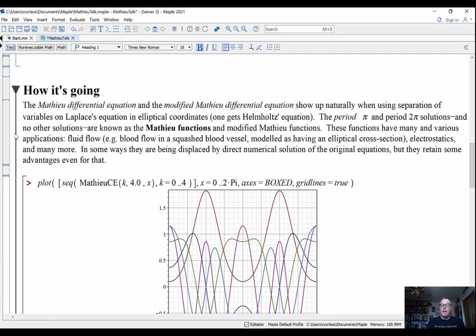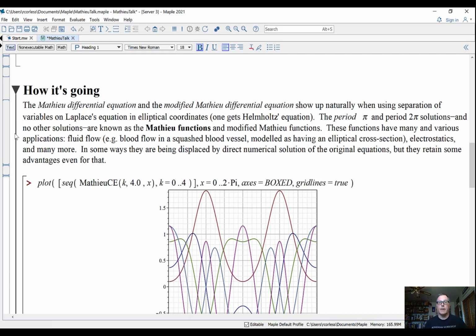The period pi and period 2 pi solutions, only those periodic solutions, are known as Mathieu functions. And the solutions of the modified Mathieu differential equation are called the modified Mathieu functions. Some people call them the radial and the angular Mathieu functions. These functions have a zillion applications, not just to fluid flow.